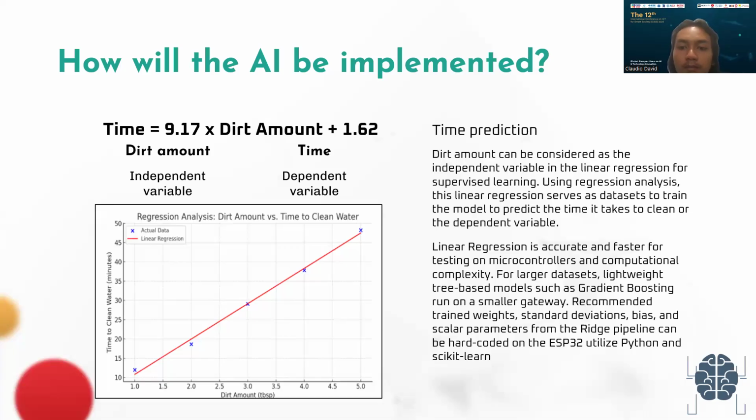Also, lightweight tree-based models such as gradient boosting are done on a smaller gateway. Recommended, of course, are trained weight, standard deviation, bias, and scalar parameters. So the whole pipeline can be hard-coded on the ESP32 utilizing Python and also scikit-learn.